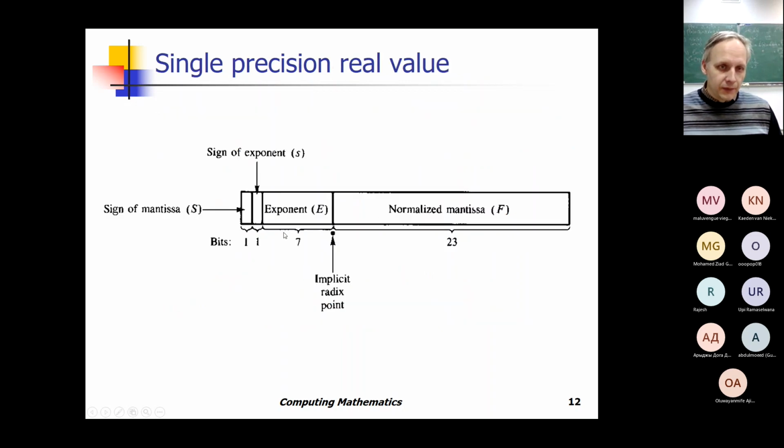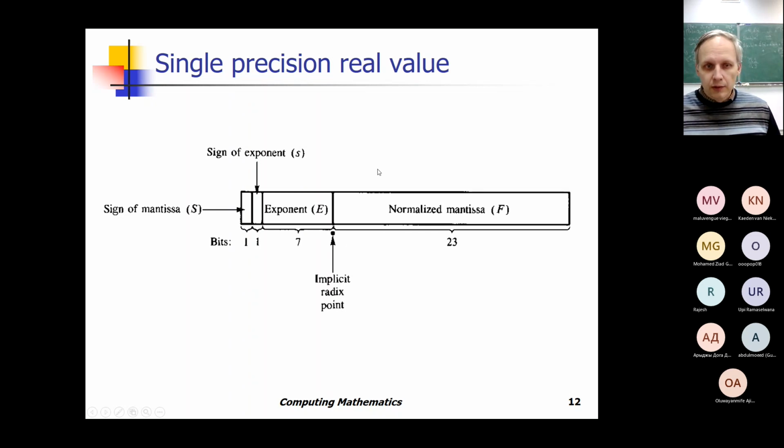And in computer, the real number is stored more or less like this. It's a single precision real value. This single precision value requires 4 bytes for storing. 4 bytes corresponds to 32 bits.